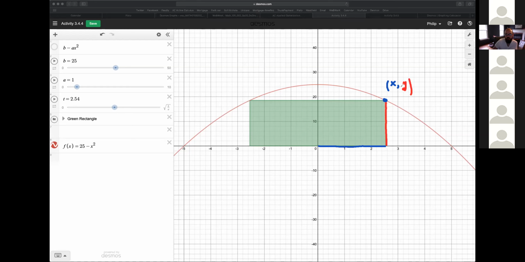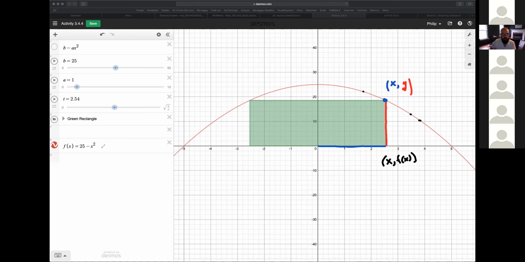So if I think about this point right here, whatever it is, what we do know is it lies on this curve, the red line that is f of x. Every point that's on the red curve has to have the form x comma f of x. That's the definition of being a point on this. No matter what point I pick along the curve, it will always have this form: whatever my x coordinate is, and then f of x.